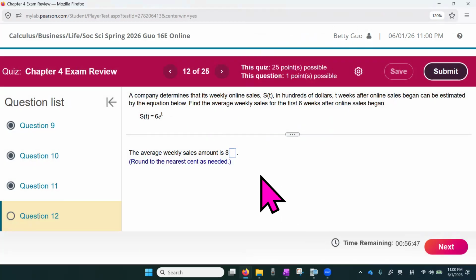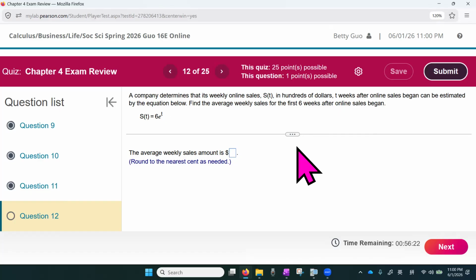Question number 12. The company determines that its weekly online sales S(t), in hundreds of dollars, t weeks after online sales began, can be estimated by the equation below. Find the average weekly sales for the first 6 weeks after the online sales began.